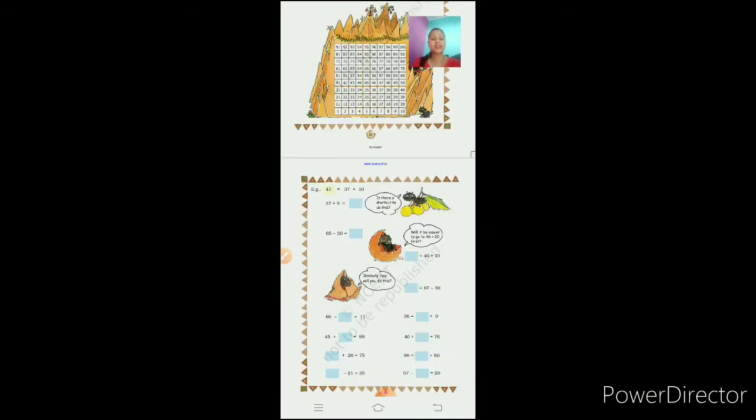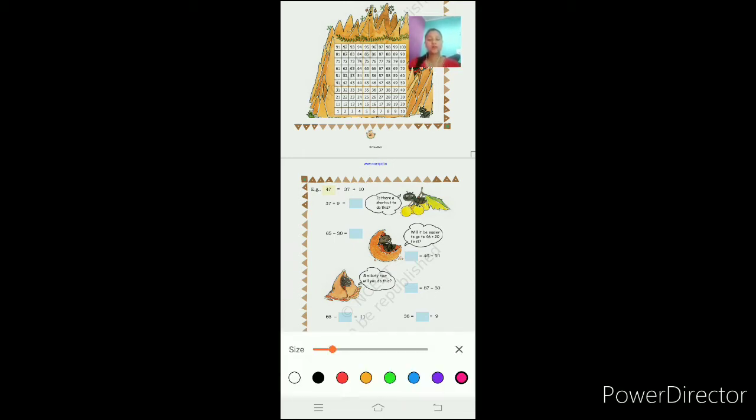Now next is 36. So what we have to add with 9 to get 36? So where is 9? Here. And you want to get 36. Where is the position of 36? Here. Okay. So first add 10, 20. Okay, it's 29, 20. So 21, 22, 23, 24, 25, 26, 27.